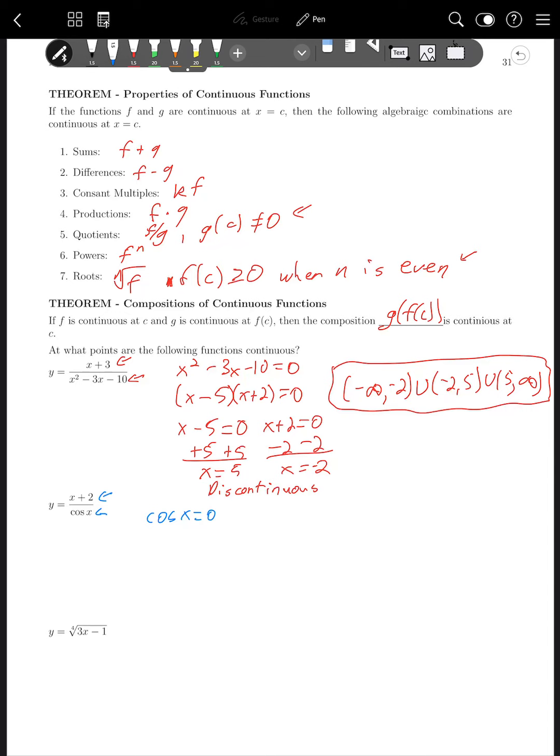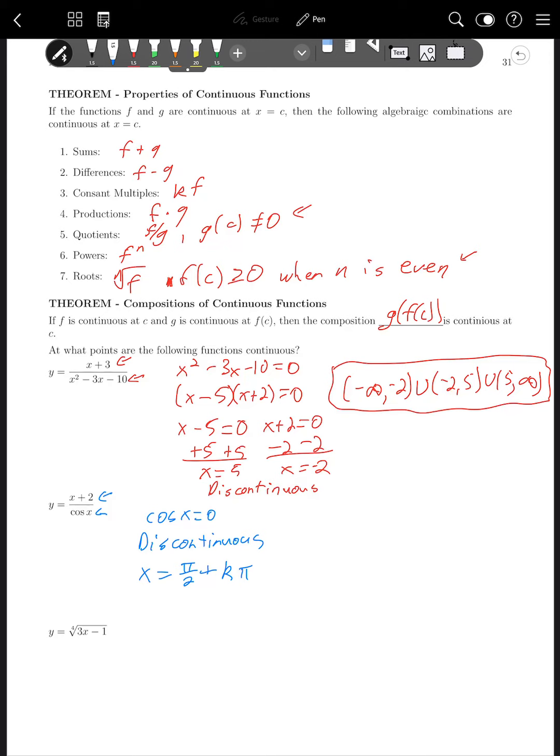And so the way we can write that is this thing is going to be discontinuous at all x that are equal to pi over 2 plus some constant times pi, right? Because they're 180 degrees apart, but they start at 90 degrees.